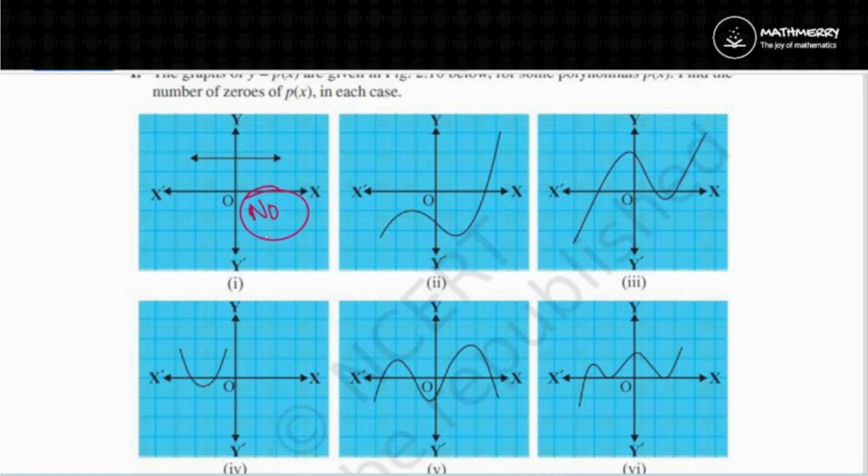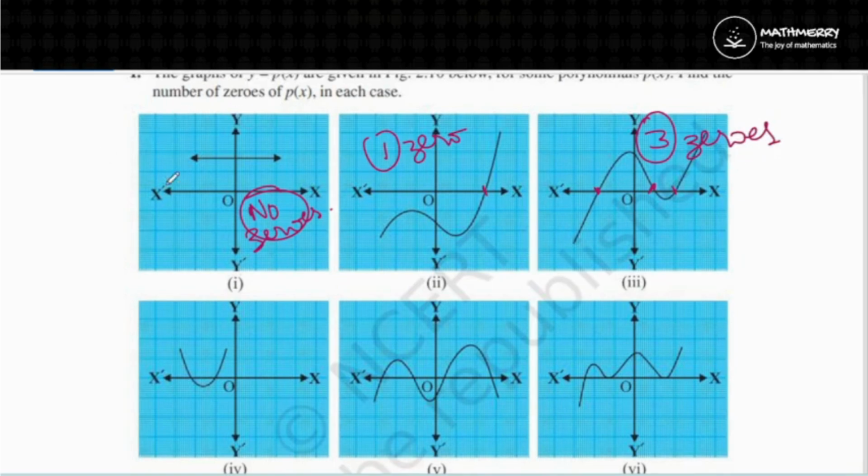Now the second one, the graph touches the x-axis exactly at one point. So only one zero is possible. Now here the third one, the graph touches the x-axis at 1, 2 and 3. So 3 zeros are possible in the third one.